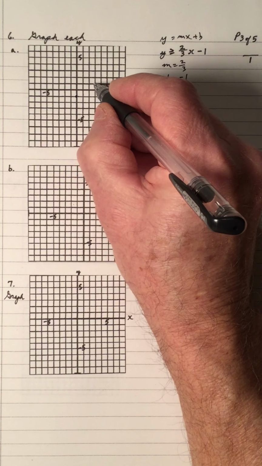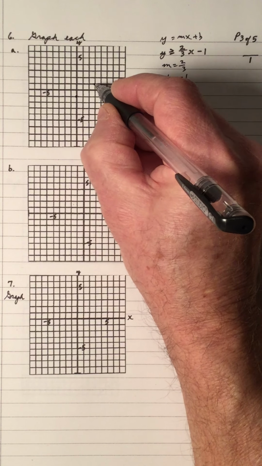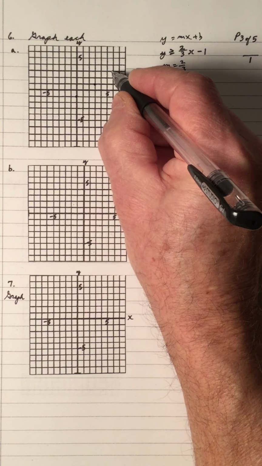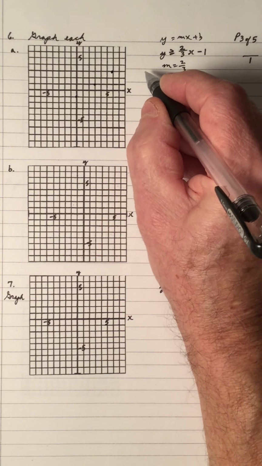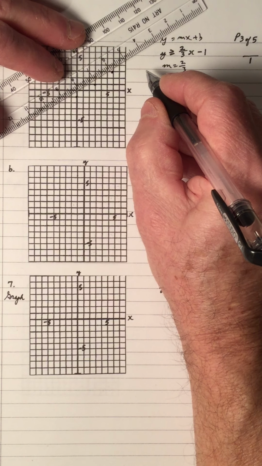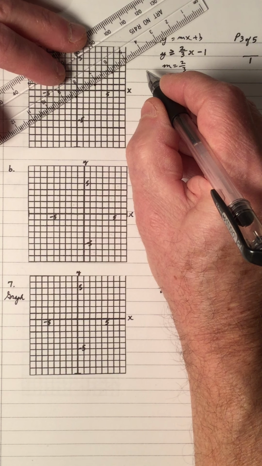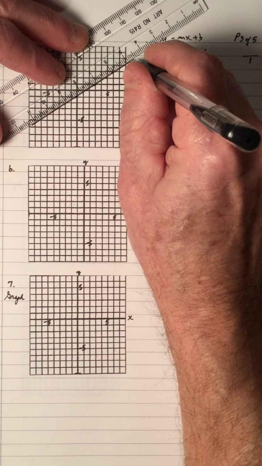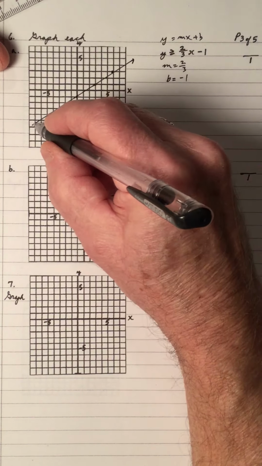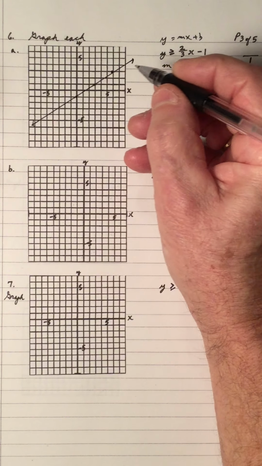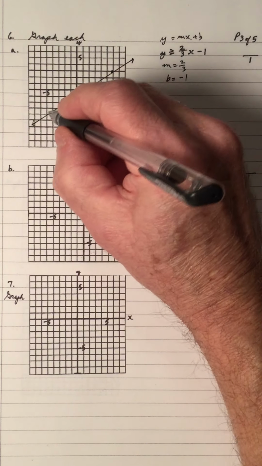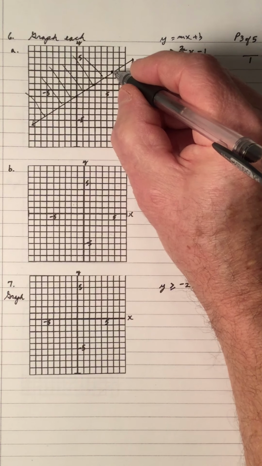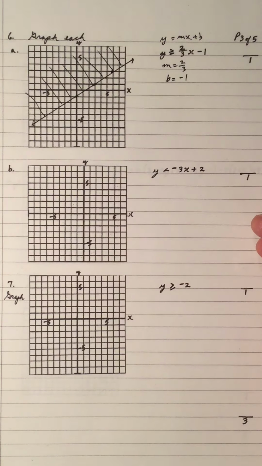Up 2, right 3. Again, up 2, right 3. And we use a ruler, line up the points. There. Equal to means it's a solid boundary line through these points, and greater than, we shade above. So that's the graph of this inequality.